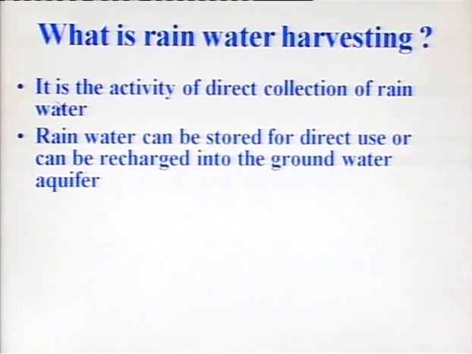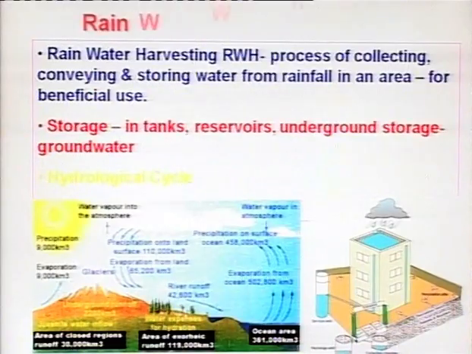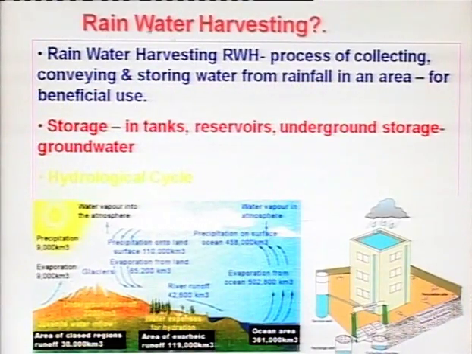First, it is the activity of direct collection of rainwater. Secondly, rainwater can be stored for direct use or recharged into the groundwater aquifer. That means the water goes down into the aquifer to raise the water level in the soil.